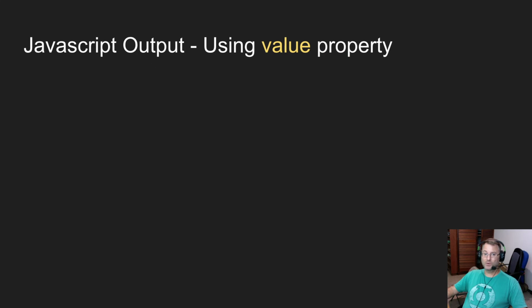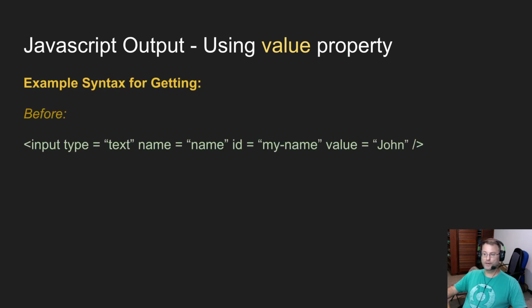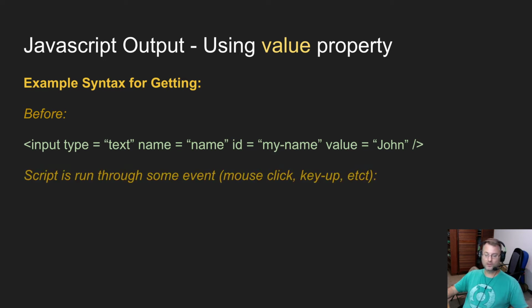You can also get the property from this. So let's say before that, the value that was entered was the name John. You can get that value using the same method as before, some type of event that occurs that's going to invoke this call.